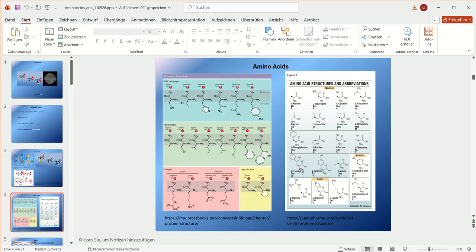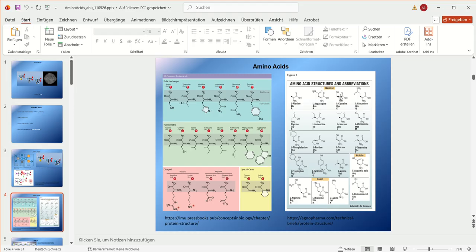So here we see more or less the zoo of amino acids. Actually, there are 20, and you can order them by various criteria. Here they order them by whether they are polar or charged, and take out some special cases.